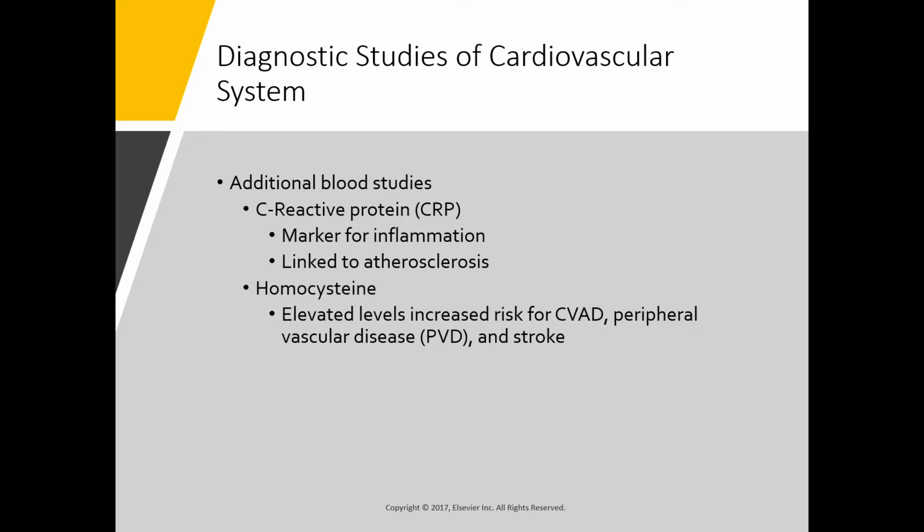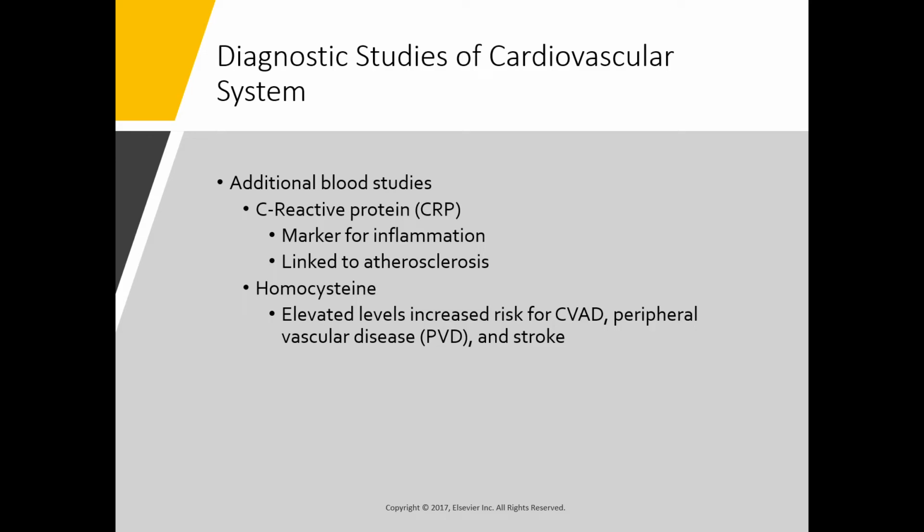The presence of atherosclerosis, which is usually what ultimately leads to a lot of the cardiac events that patients are going to have. It can also predict the risk for future cardiac events. So, are you going to have an MI? We'll look at your CRP. And there are a lot of natural ways to bring it down with certain B vitamins, B12, B complex, and whatnot. We won't go into that here.